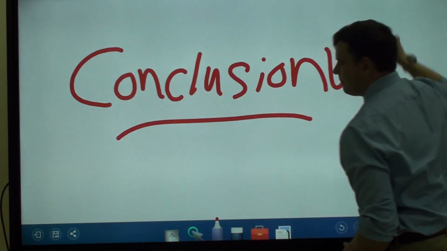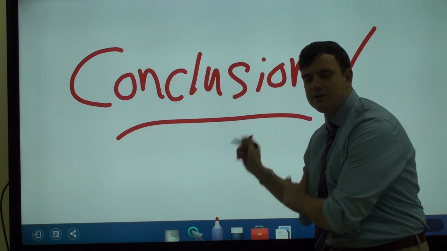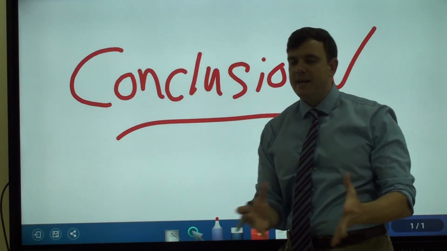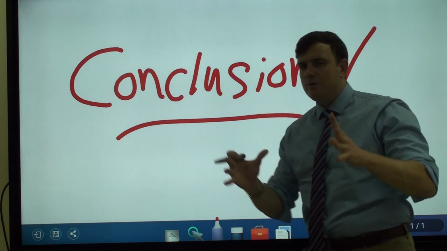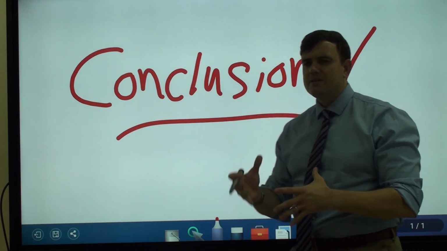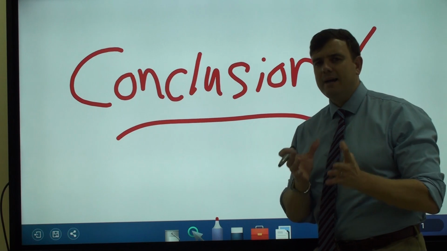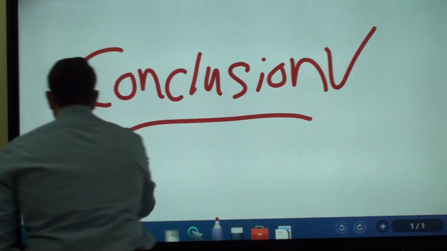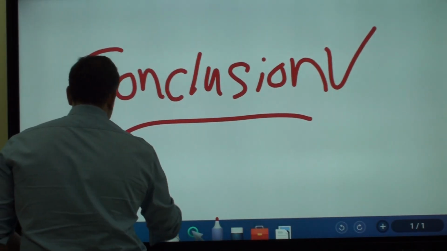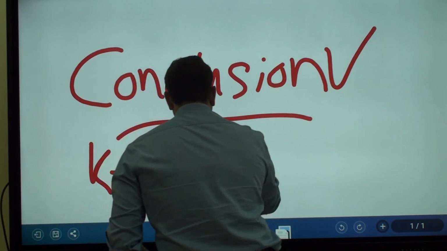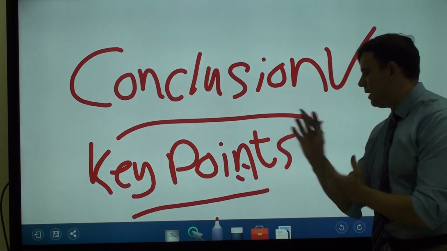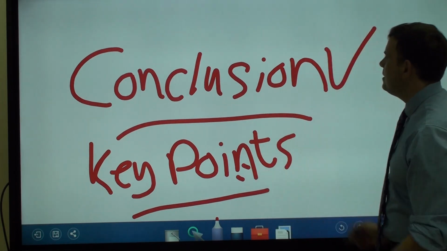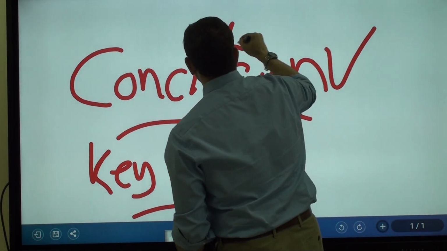Awesome, we got it, right? Conclusion is the very last step there, guys. Just summarize the essay. You're not bringing in new information. You're just making a summary of what you have written about. Could be any key points, or maybe key information.